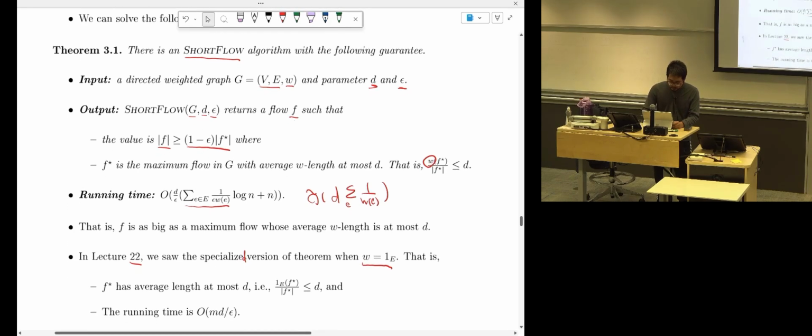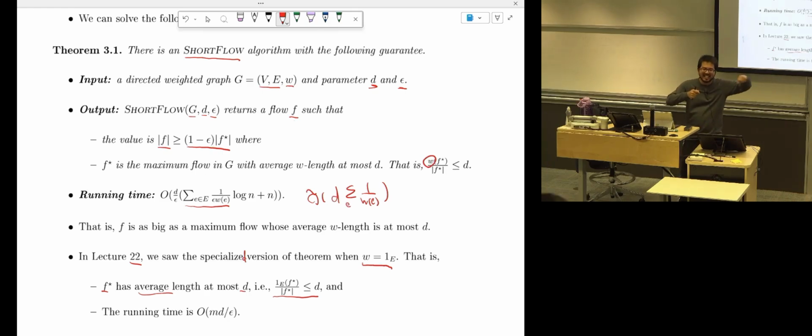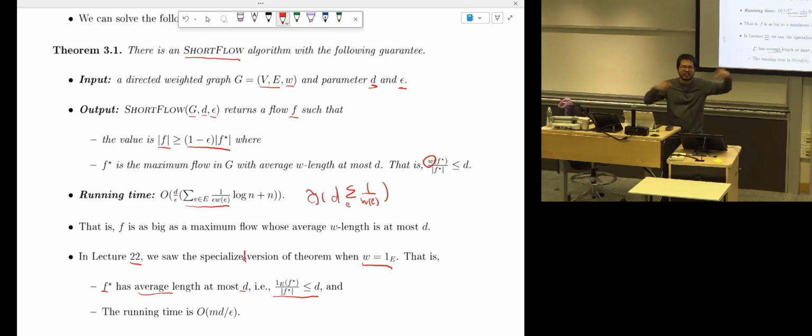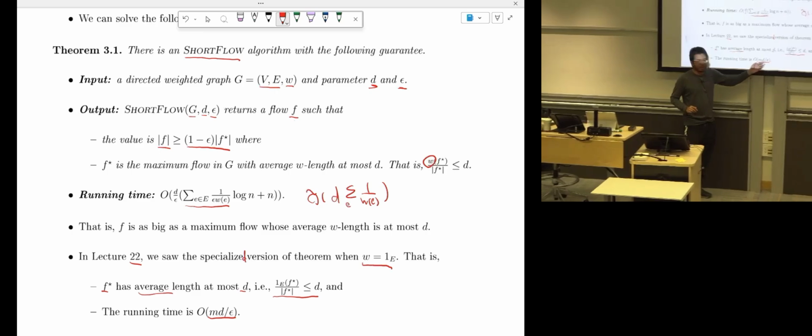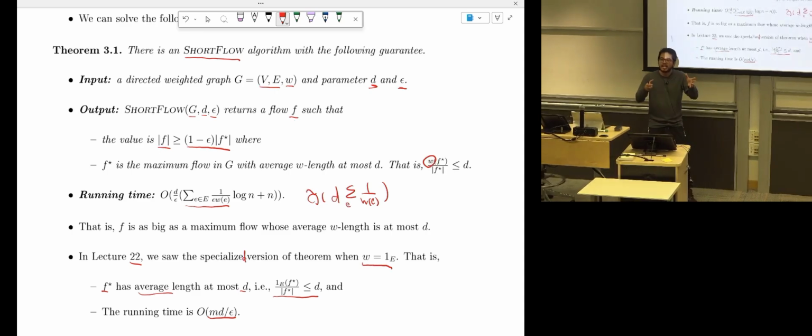That is, F just has normal average length at most D, which is the number of edges on the flow path on average. And the running time was something like MD over epsilon. We kind of spend time per edge, D over epsilon times.